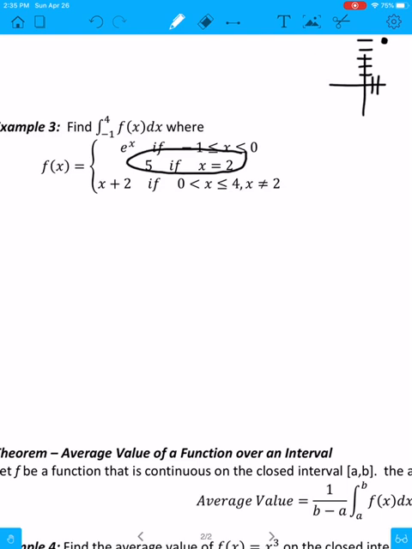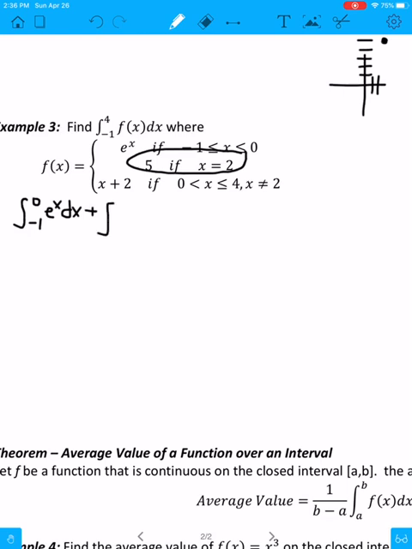Okay? So we are going to go from negative 1 to 0, represented by the graph of e to the x dx. Then we need to take our next piece. Our next piece is from 0 to 2. I know this is from 0 to 4, but that doesn't matter. We still have to stop at 2 because there was an equal to 2 in here.